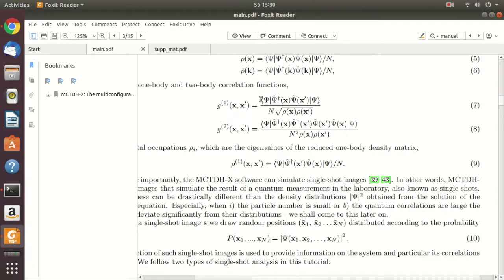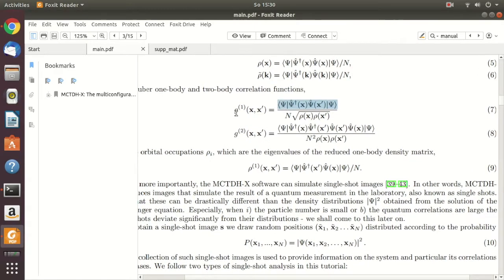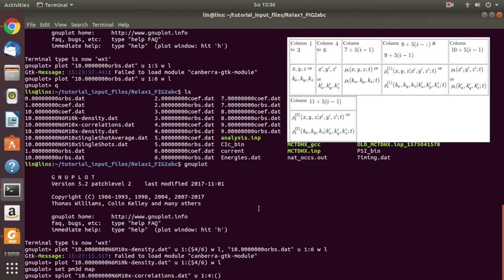So this is the reduced density matrix, and this is the correlation function. So we can see that it is given by, for example, the one-body correlation function.